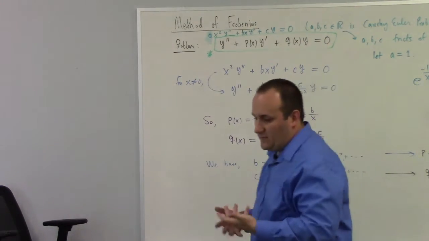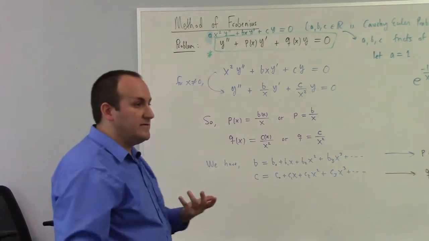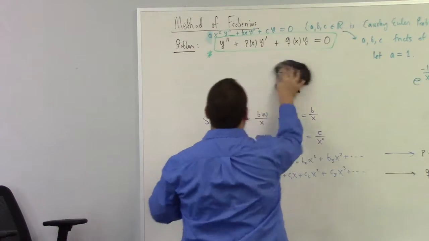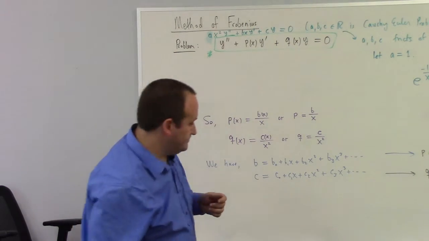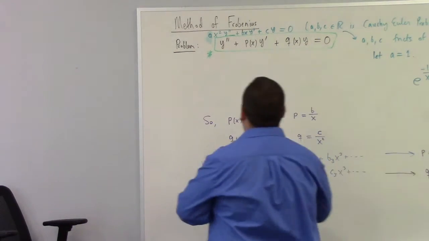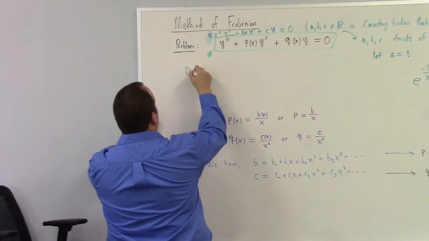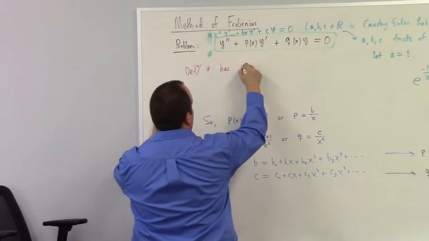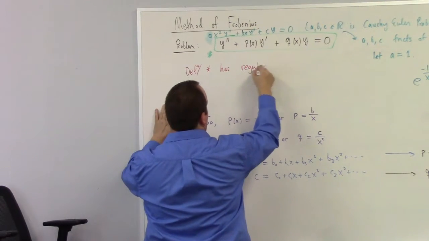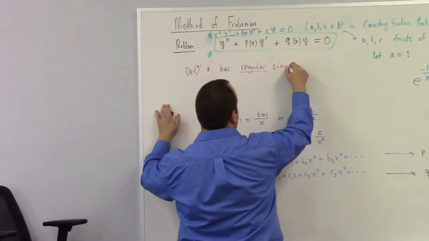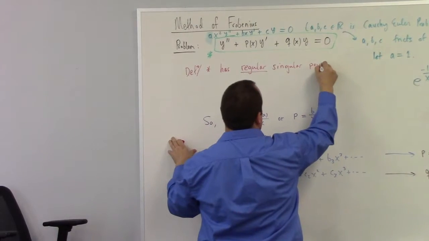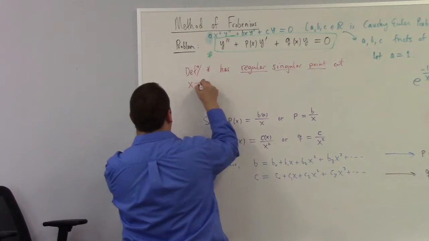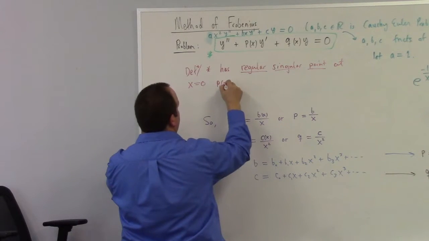So we say star has a regular singularity at 0. It's a regular singular point, provided what? So this is a definition. Star has a so-called regular singular point at x equals 0, provided.